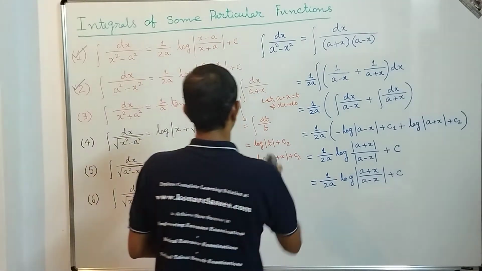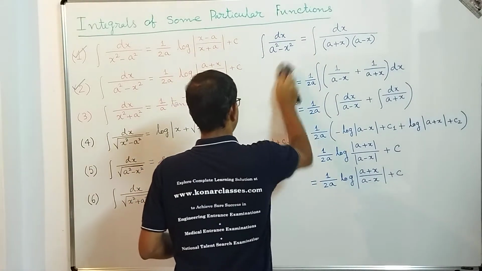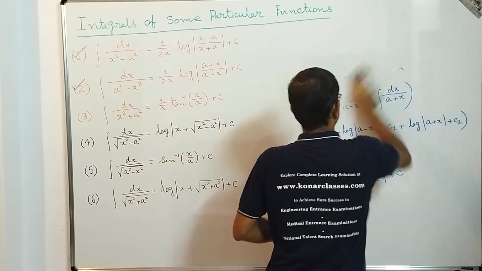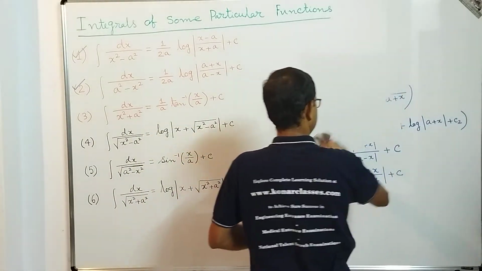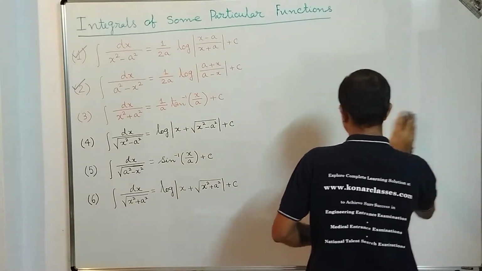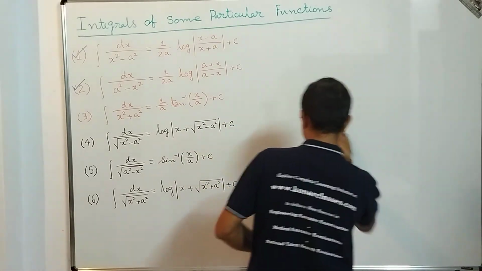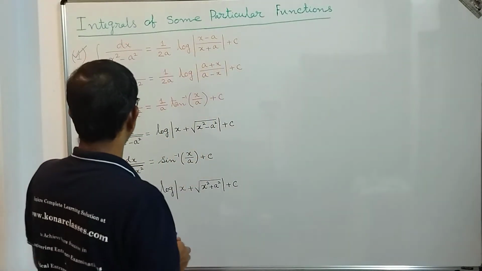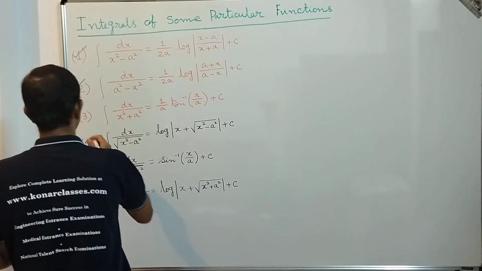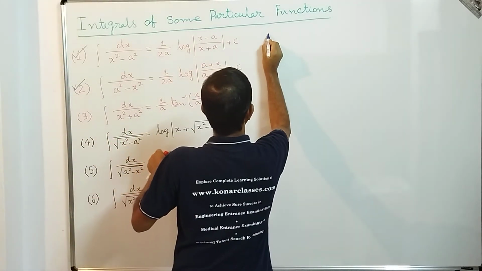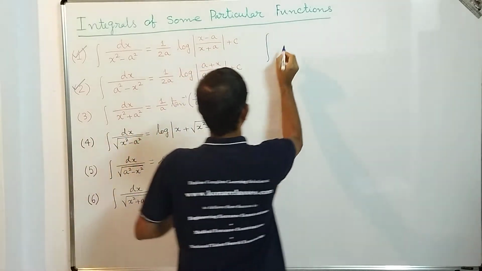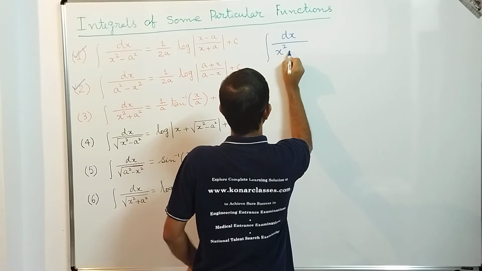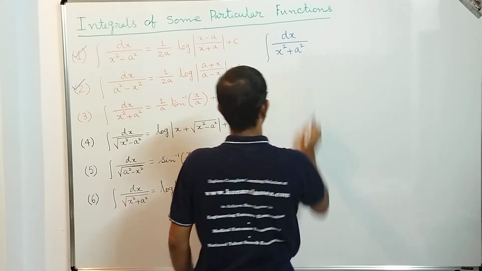So to proceed to the third one, let me clean this particular portion. Okay, so what we get here is integration dx by x square plus a square.